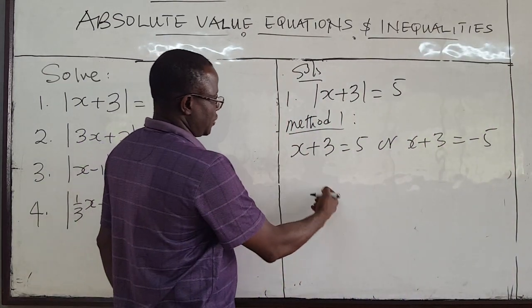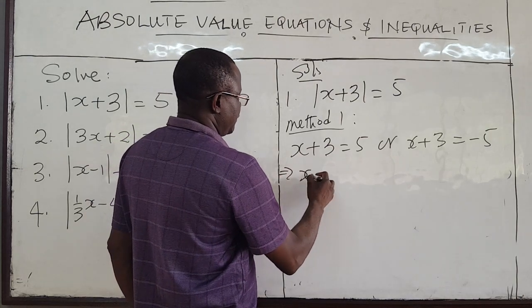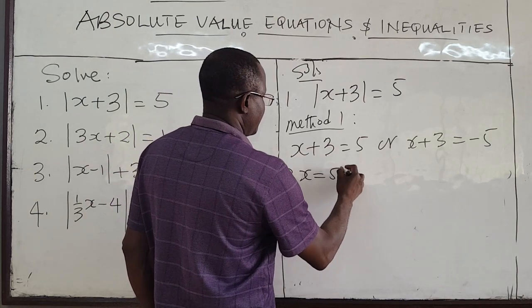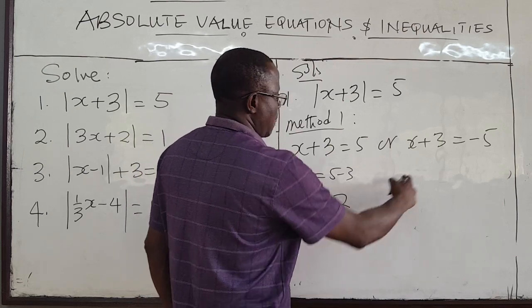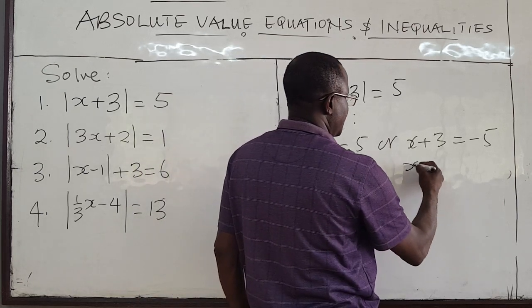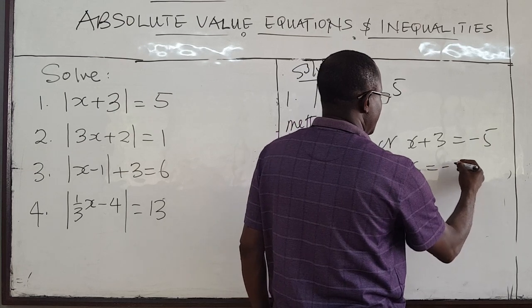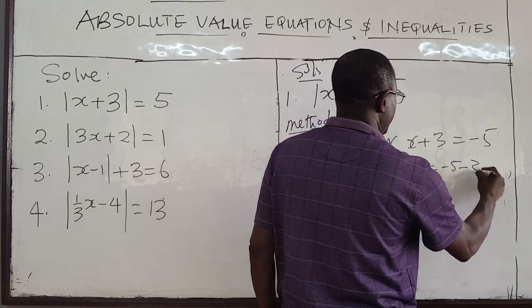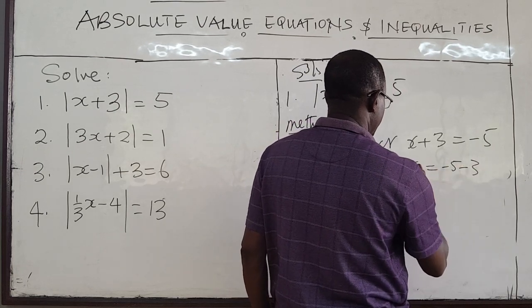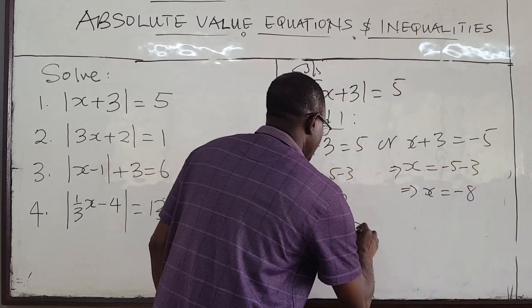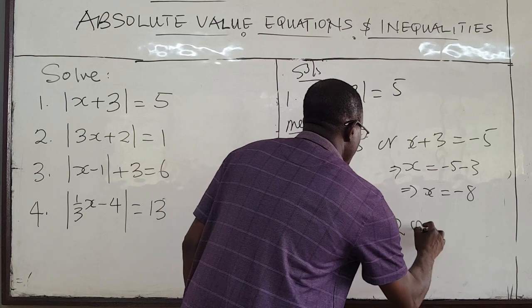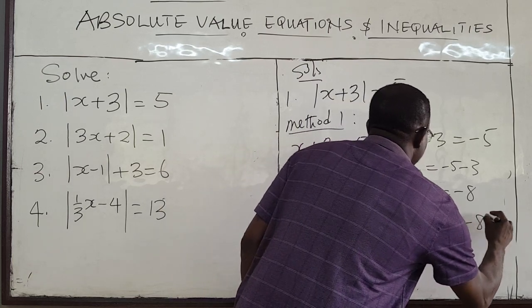If we solve this, it gives us x = 5 - 3, so x = 2. And then when you solve this, x = -5 - 3 implies that x = -8. Therefore, x is either 2 or negative 8.